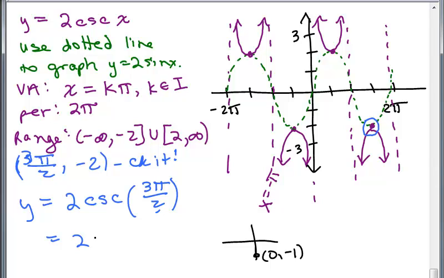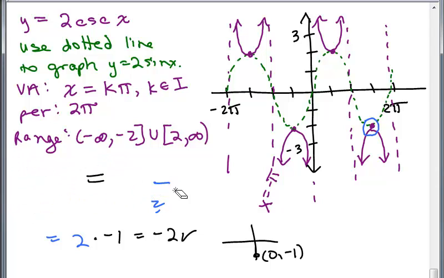So this is the same thing as 2 times -1, which actually equals -2. Okay, and that checks. It was supposed to be -2. So in other words, it's always a good idea to make sure that at least one of those ordered pairs you drew was correct. It's up to you, of course.